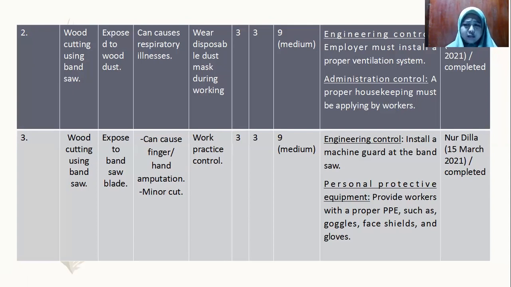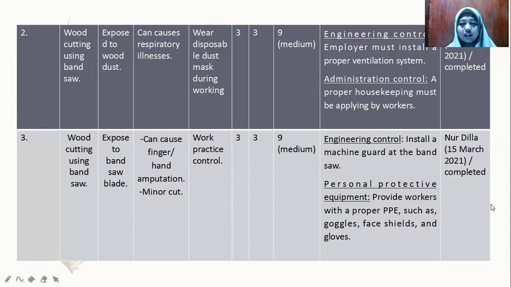The requirement to install a safeguard has been stated under FMA 1967, Part 2, Safety, Health and Welfare, Section 15, Dangerous Machinery, Paragraph 2, which mentions the requirement to install a safeguard on the machine to avoid the operator contacting the dangerous part of the machine, which is the blade.